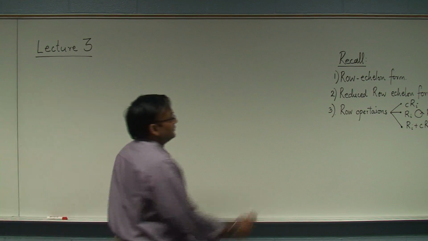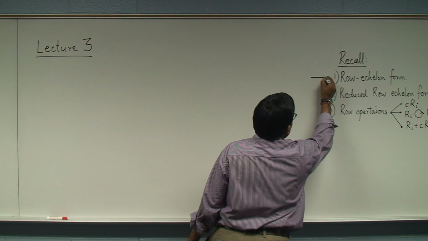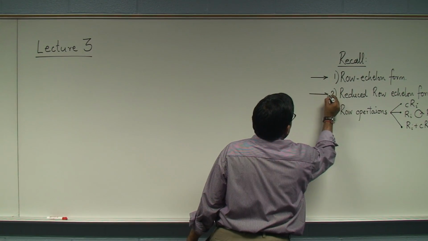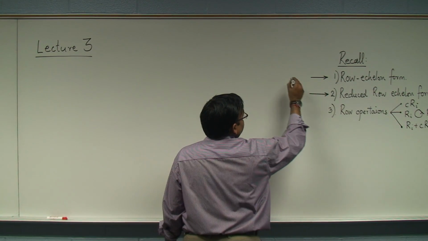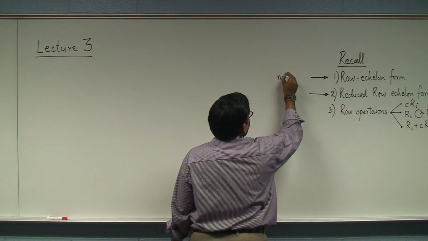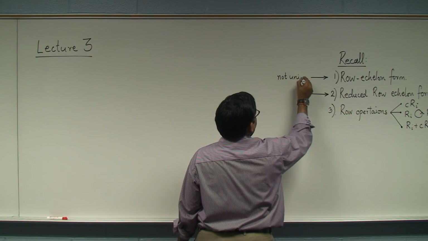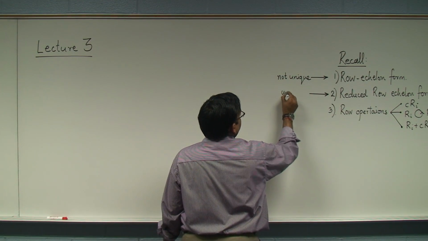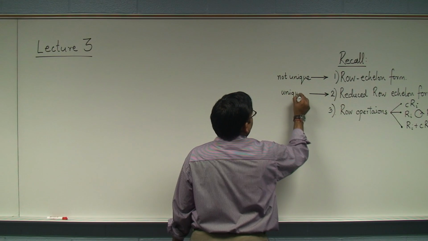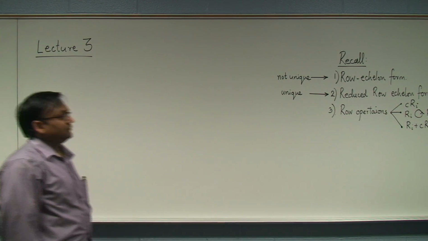Now, one thing which I would like to remind, and if we see in the previous example that we did last time, the row echelon form is not unique. In fact, a matrix can have infinitely many row echelon forms. But when it comes to reduced row echelon forms, that is always a unique form.